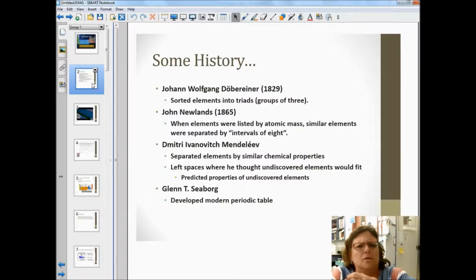I think he even used the term octaves at one point to compare it to music. Mendeleev separated elements by their chemical properties and then ordered them by their mass, and he would leave spaces if something was missing. And then Glenn Seaborg developed the modern periodic table.